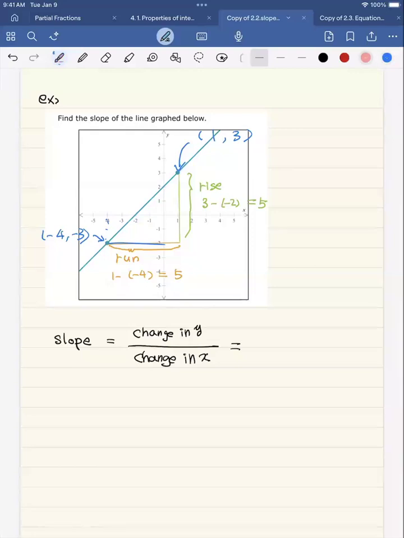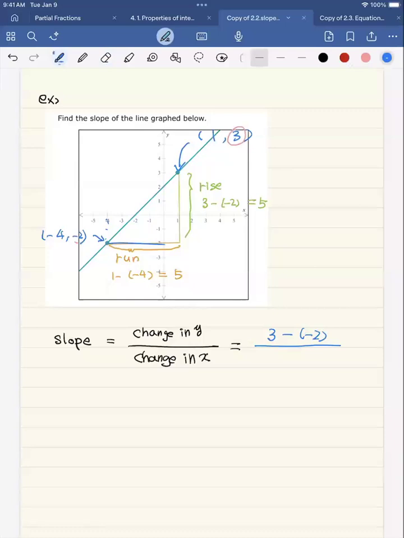When we figure out change in y, we will think about the difference between these 2 points. So 3 minus -3, that'll be about rise. Sorry, that is 6.